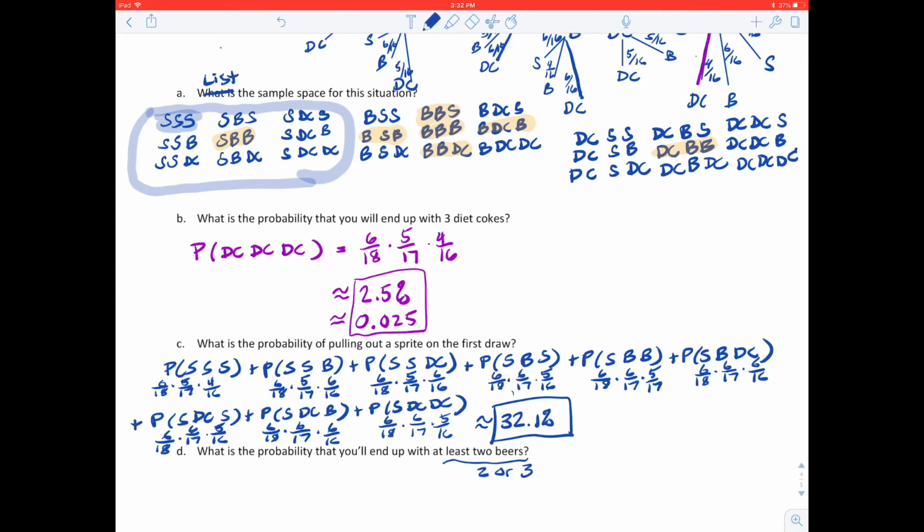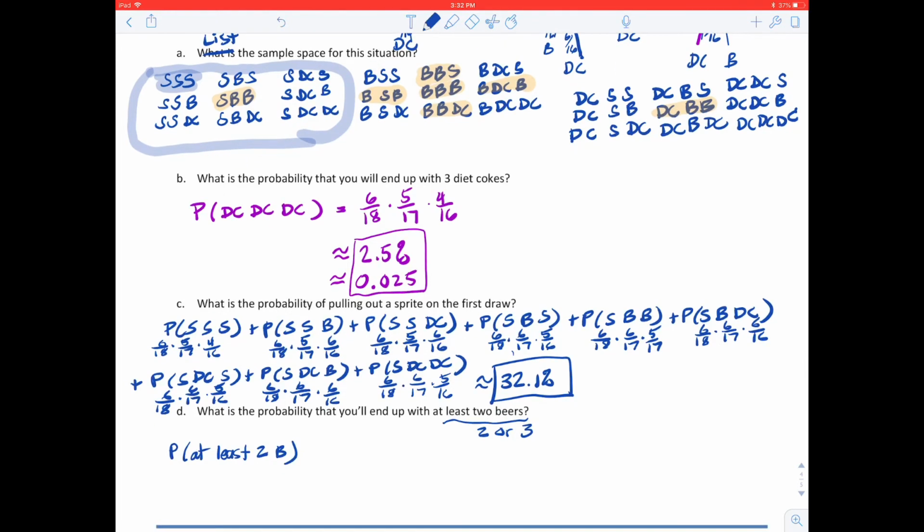So, writing it out, that's going to be the probability of at least 2 beers is equal to the probability of a Sprite, a beer, and a beer, plus the probability of a beer, a Sprite, and a beer.